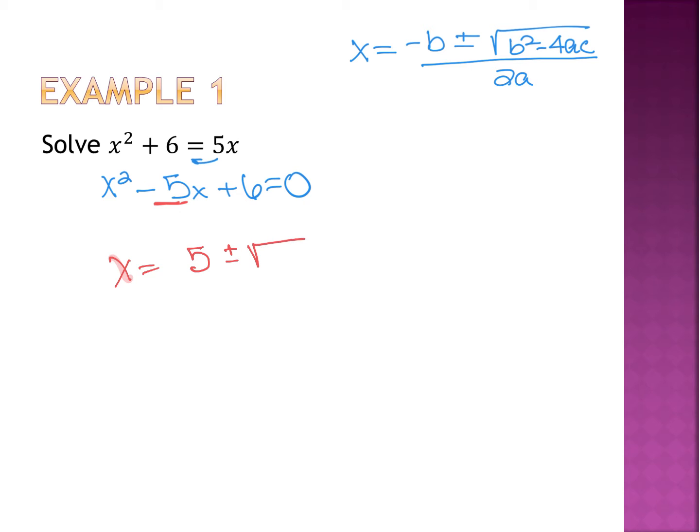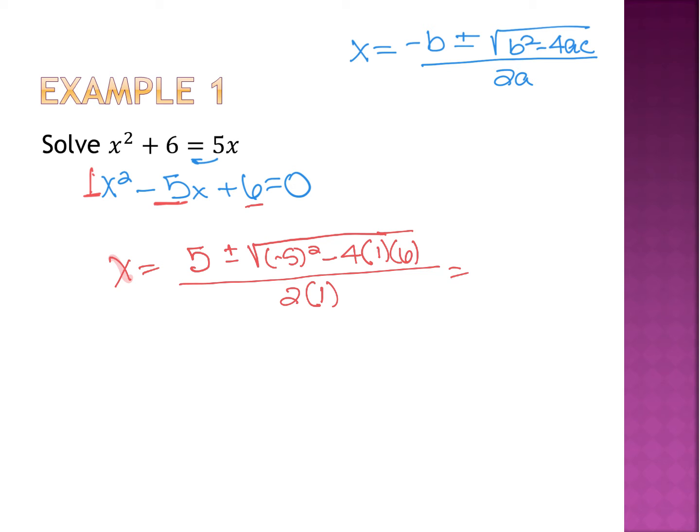I have plus or minus the square root of b squared, so a negative 5 squared, minus 4 times my a value, which is really a 1, times my c value, which is really 6. And I'm going to divide this whole thing by 2 times my a value, which we said was 1.